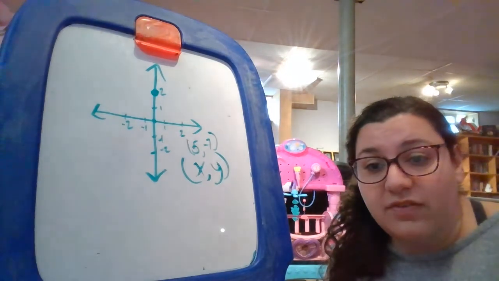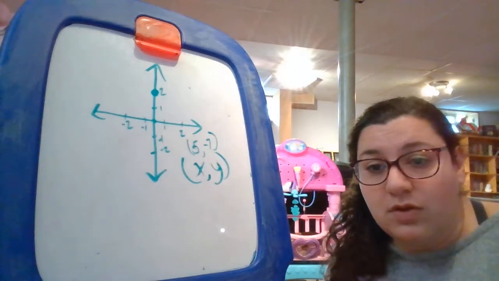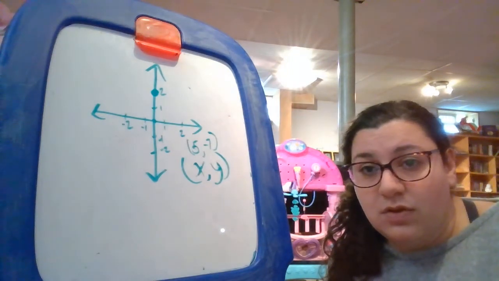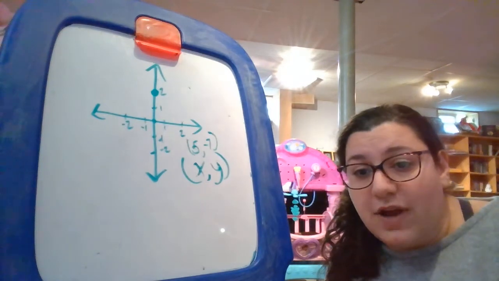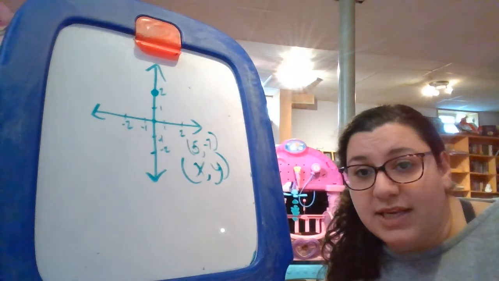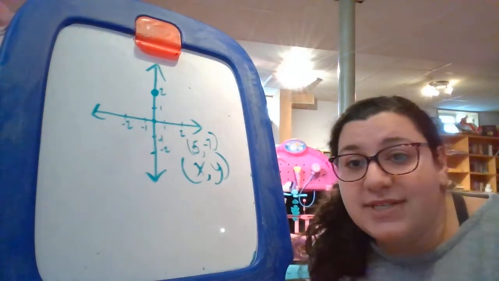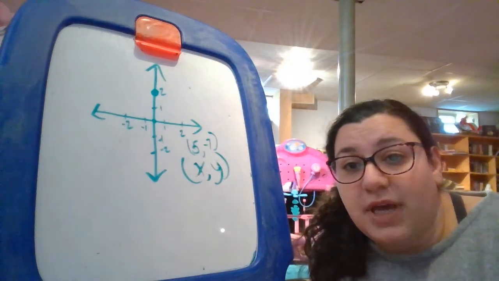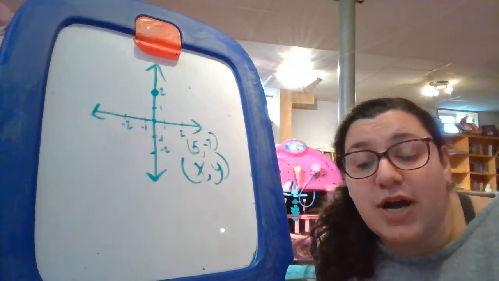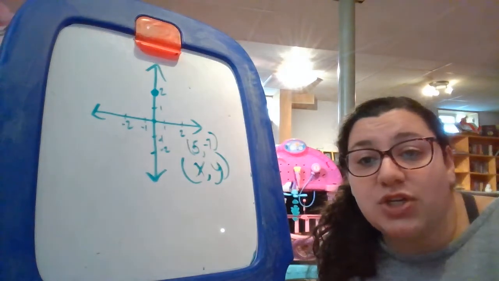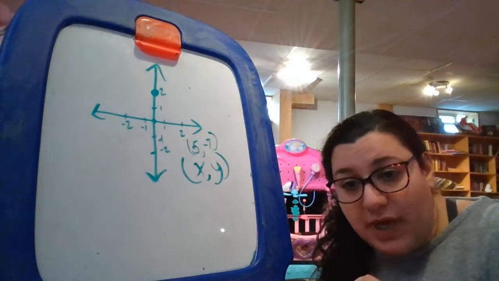Number 5. On the graph below, Mr. Bradley is located at point C, and Mr. D is located at point D. Describe Mr. D's location in relation to Mr. Bradley's location.